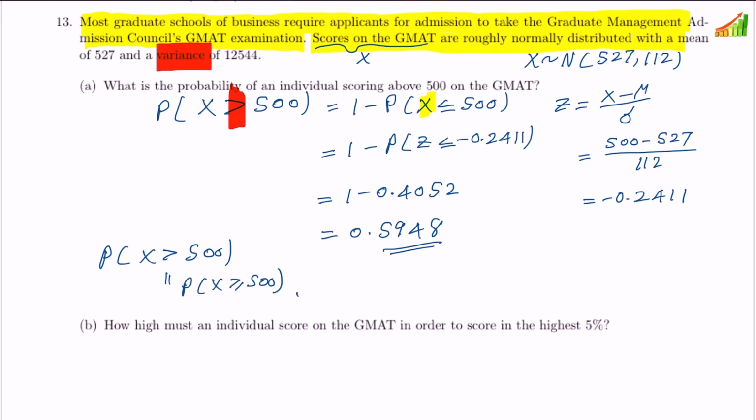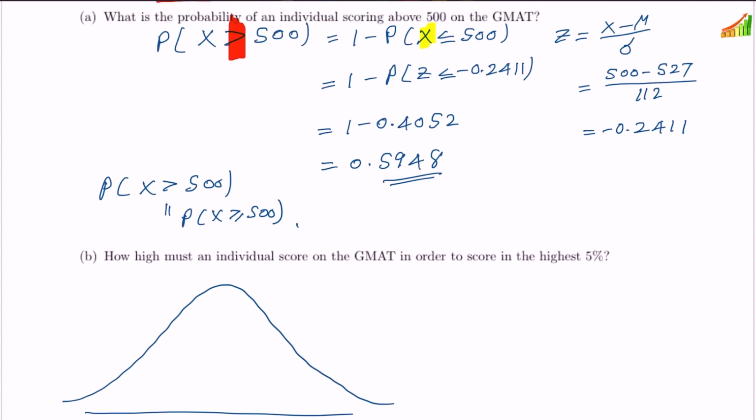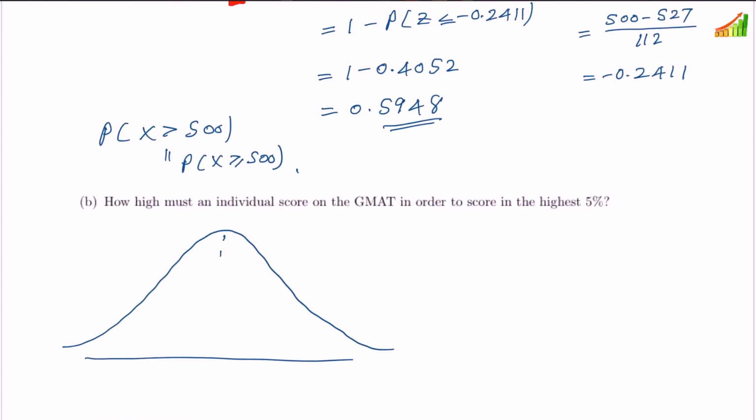Go to part B. How high must an individual score on the GMAT in order to score in the highest 5%? So this is a normal distribution. We know the mean is 500 and sigma equals 112. Then it asks for the top 5%, the highest 5%.